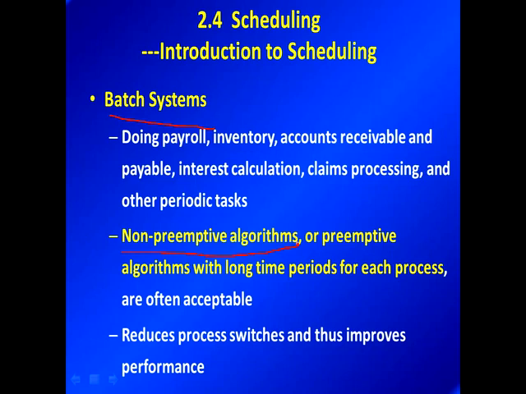It won't let the process switch very frequently. If a process runs for just a few seconds and then switches to another process, it wastes a lot of time on switching. So if batch systems adopt preemptive algorithms, they usually adopt ones with long time periods.